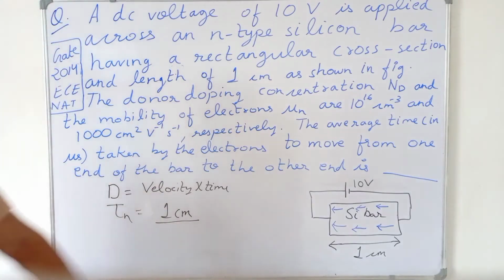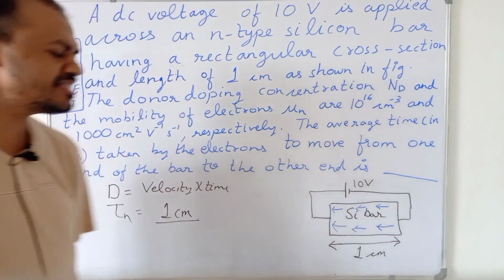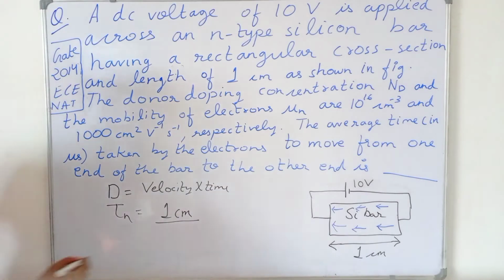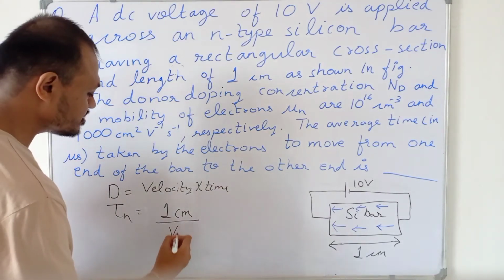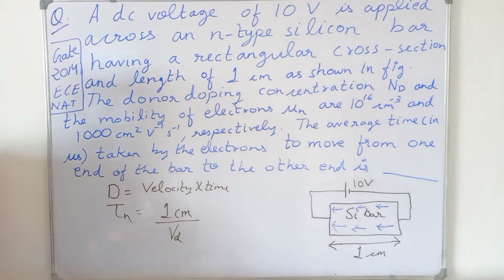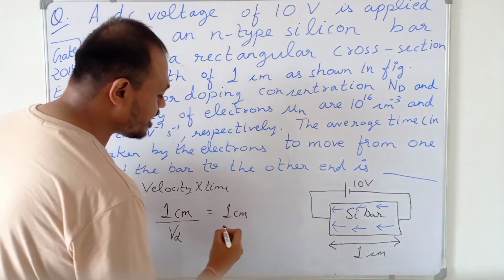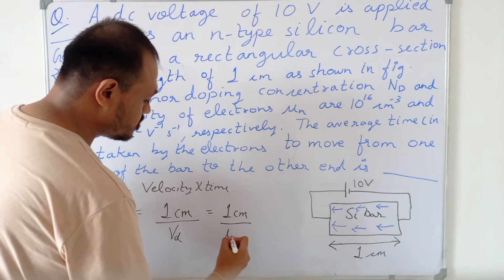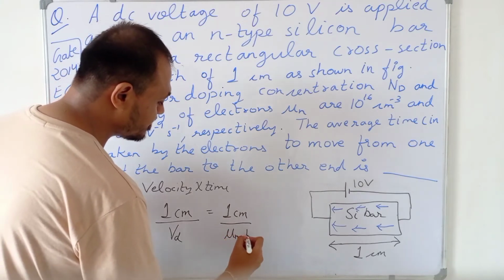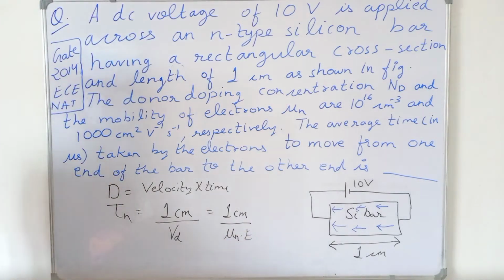So electrons are drifting from this end to this end due to the electric field. So they will travel with a velocity called the drift velocity Vd. And the formula for drift velocity is mu n into applied electric field, so mu n into E, where mu n is the mobility of electrons and E is the applied electric field.